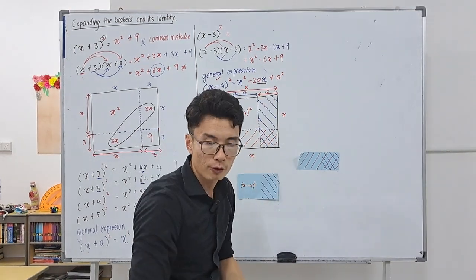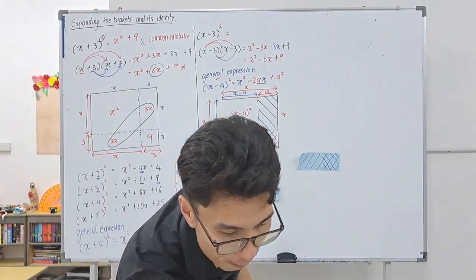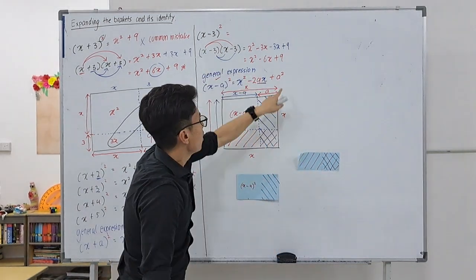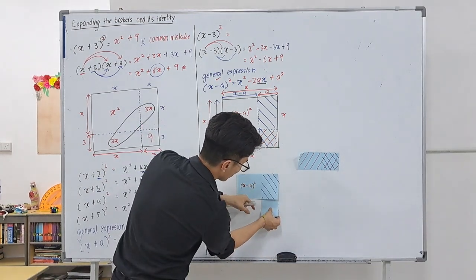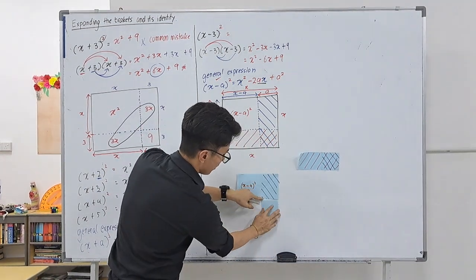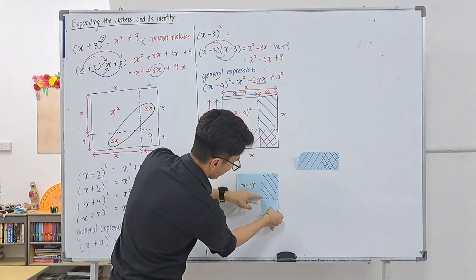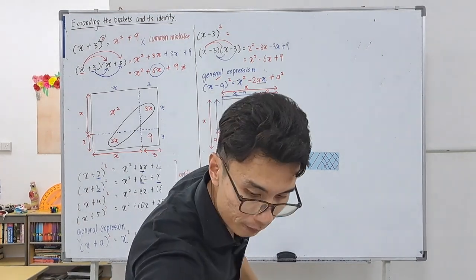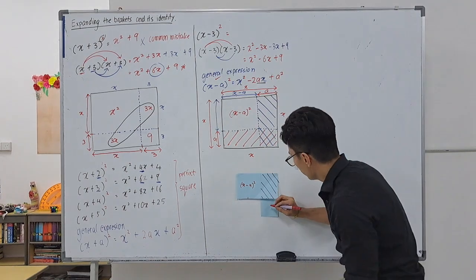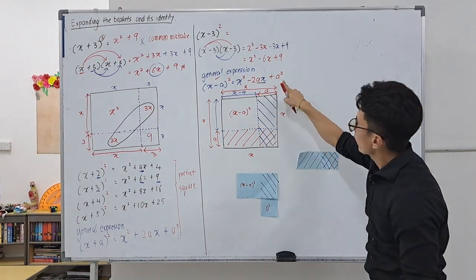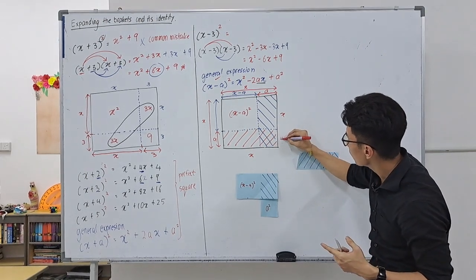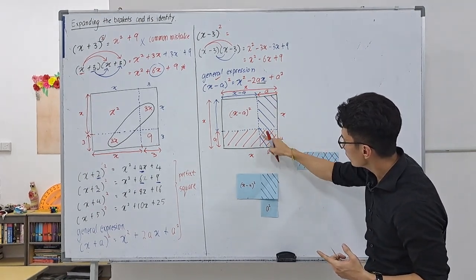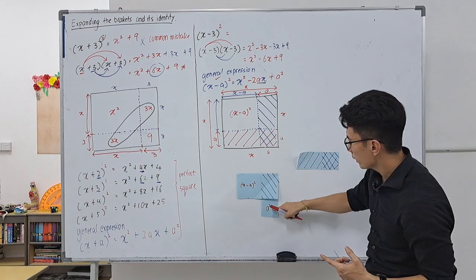So to compensate for that, I will add another small square over here. Pop. And who's this guy? That's my a squared. That's why it's written a squared over here. This expression of this square inside here is a squared.